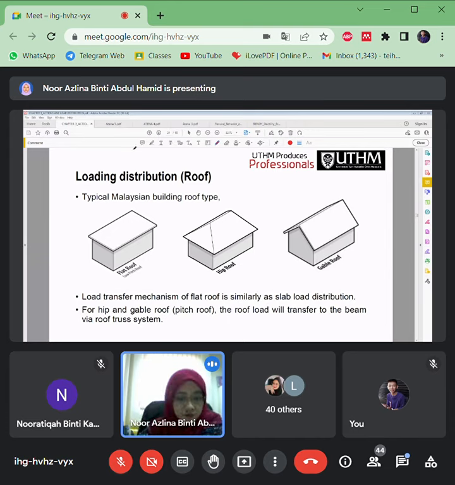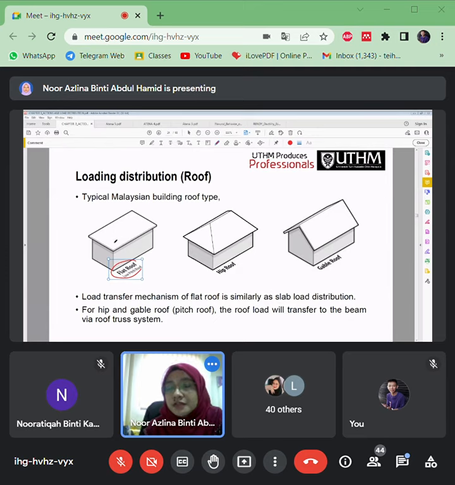Okay, so if you look at this figure here, it shows that for a typical building there are three common types of roof. The first one is a flat roof. You can see the flat roof here is like a slab.